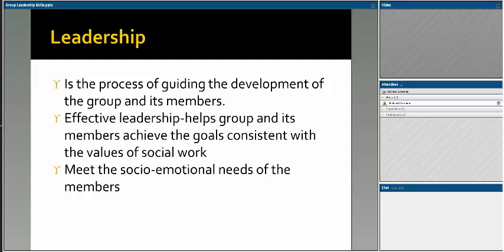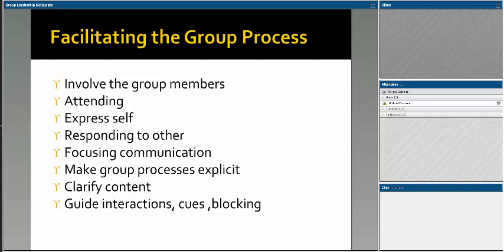Other aspects of leadership you'll need to be aware of include giving support, encouragement, boosting morale, establishing rapport, showing concern and consideration for the members, and reducing tension and conflict. Those are all key aspects of leadership that you'll be expected to follow through on as you work through the process.